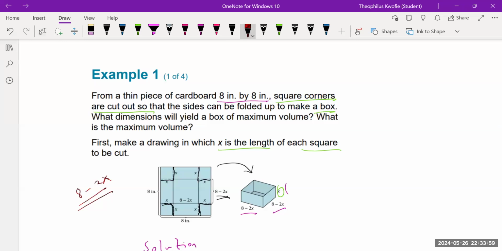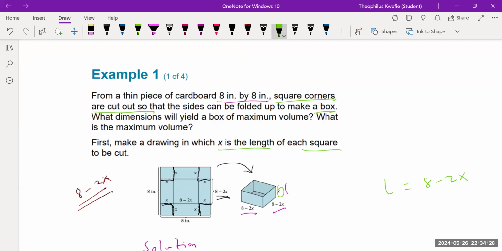Who can give us an idea of the highest length that it can assume? Over here, it is not easy to see that, right? So let's do some illustration here. Remember your length is 8 minus 2x, okay?